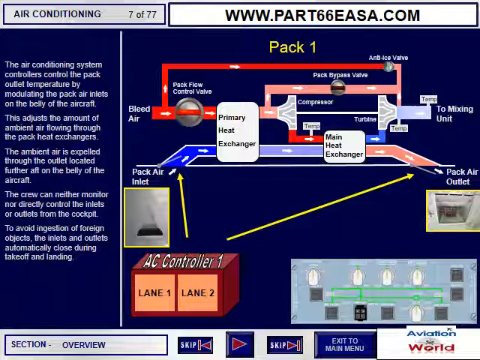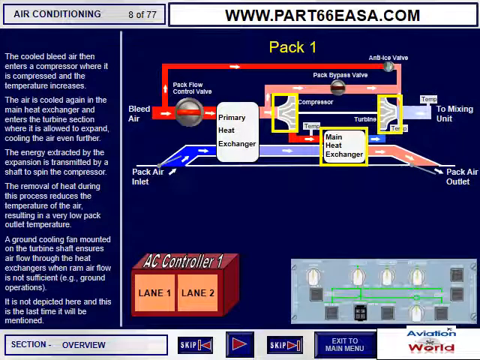This adjusts the amount of ambient air flowing through the pack heat exchangers. The ambient air is expelled through the outlet located further aft on the belly of the aircraft. The crew can neither monitor nor directly control the inlets or outlets from the cockpit. To avoid ingestion of foreign objects, the inlets and outlets automatically close during takeoff and landing.